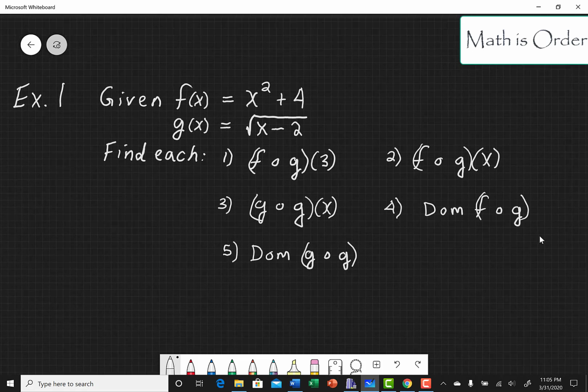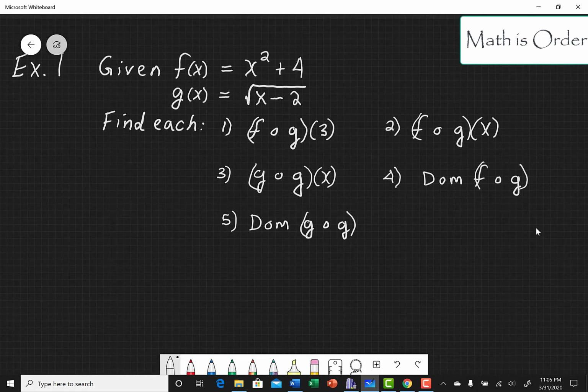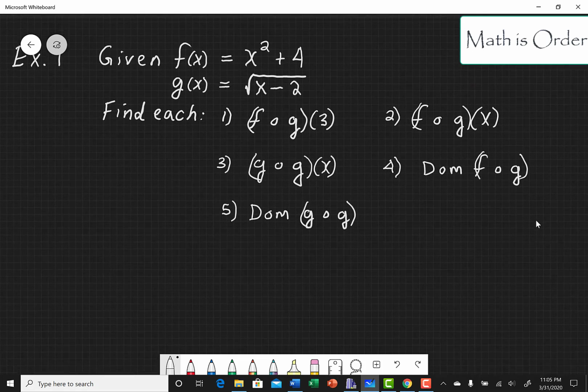Right, let's try to do each of these questions here. This is how we can understand these concepts. So let's look at number one. We're given two functions, say f and g, and the question is, what is f composed with g evaluated on 3?